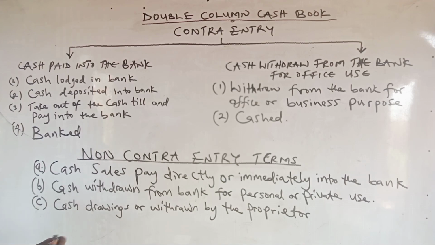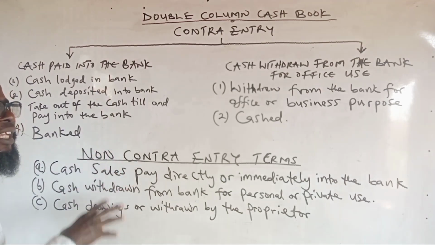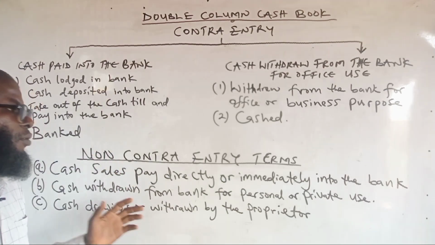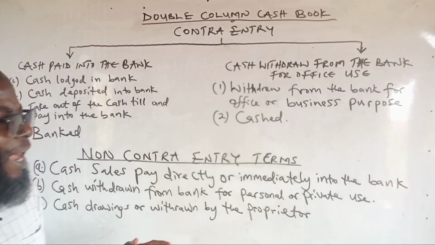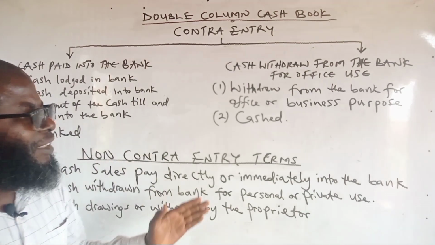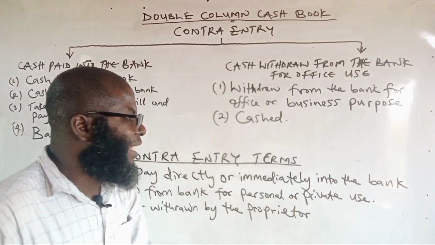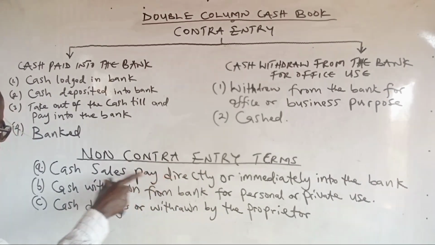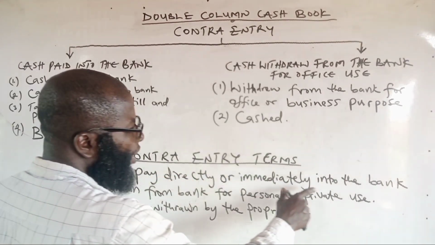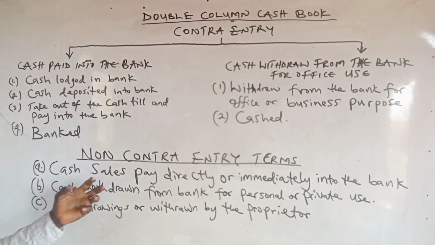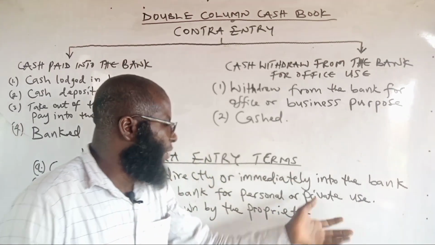Such a transaction does not appear in the cash account in the office. Rather, the business owner prefers the transaction to appear in the bank. That is the meaning of this. B: cash withdrawn from bank for personal or private use.